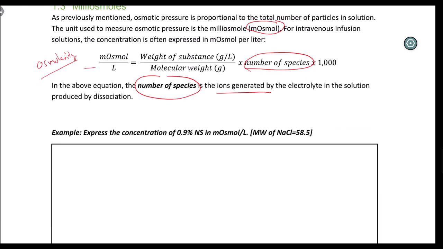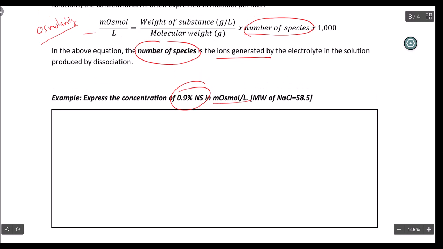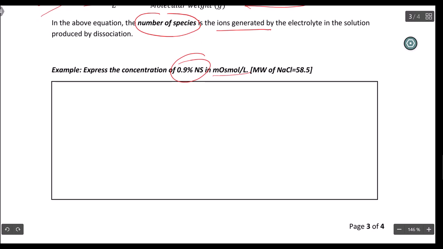So we know normal saline, 0.9%. It says express this concentration in milliosmoles per liter. So what's the osmolarity of normal saline? Well, let's start with milligrams because that's our chart that we did. I know that 0.9 grams of sodium chloride is in 100 mLs, but I want to know per liter.